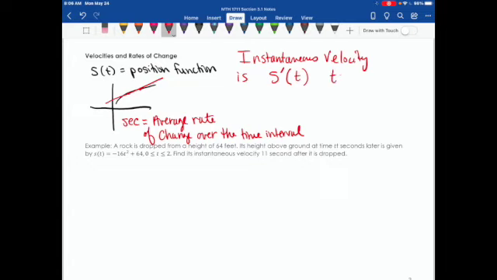So if we want to find the instantaneous velocity at t equals a, then the instantaneous velocity is going to be the derivative of the position function at a. And we'll call this v of t, the velocity.